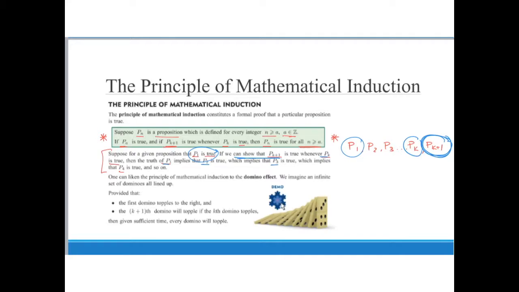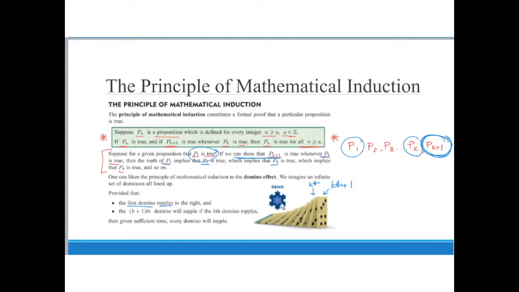So to give a scenario, one can liken the principle of mathematical induction to the domino effect. We imagine an infinite set of dominoes all lined up, provided that the first domino topples to the right. So imagine that first domino falls over, this one here. The kth plus 1 domino will topple if the kth domino topples. So if we say that this is the kth here, we know that if the kth topples, then the kth plus 1 will topple.